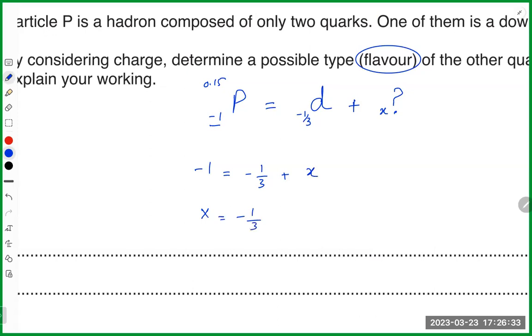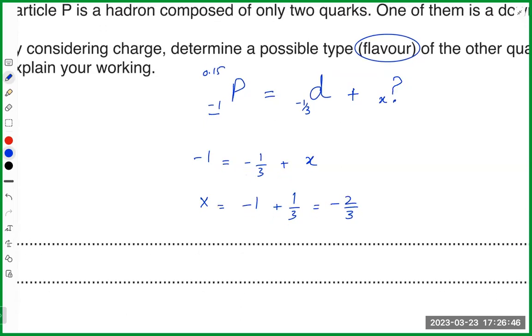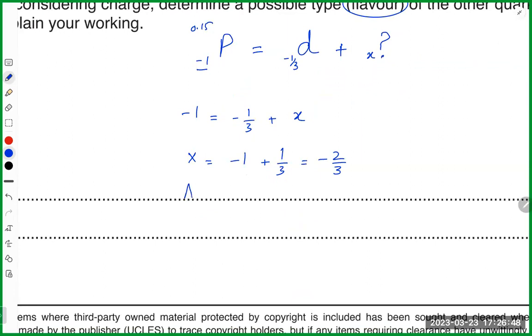So x equals -1 plus 1/3, which is -2/3. Which particle has a charge of -2/3? Not up, but anti-up. The anti-up quark is -2/3 e. So it should be an anti-up quark.